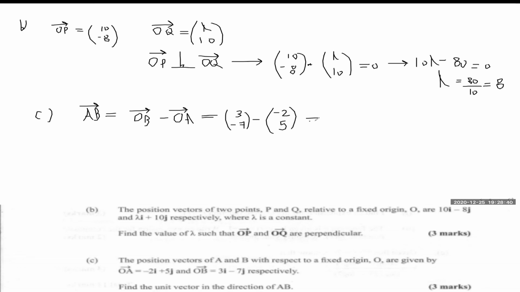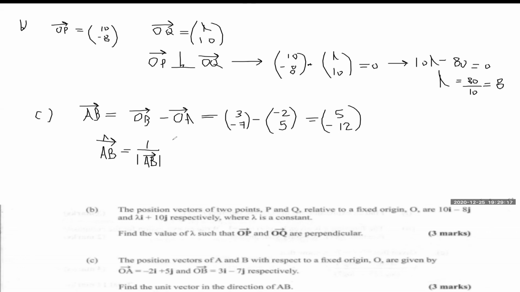That's equal to 3 minus -2, which is 5, and -7 minus 5 is -12. So that's vector AB. Now, how do we find the unit vector? The unit vector is equal to 1 over the modulus of vector AB times vector AB. That's how we find the unit vector.